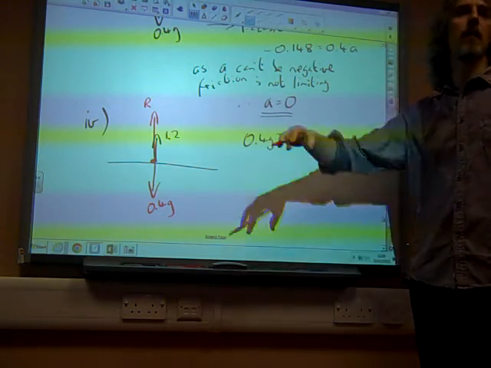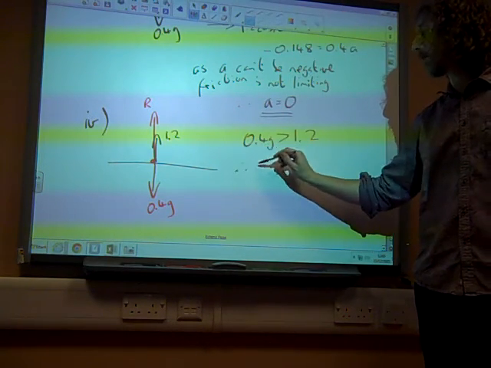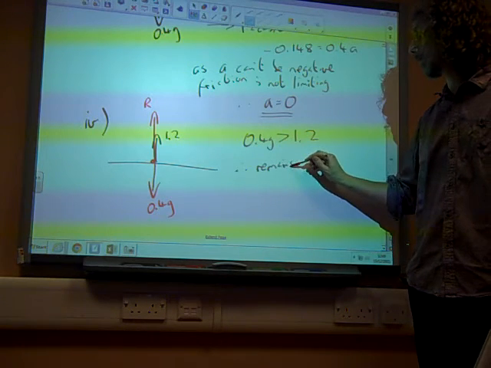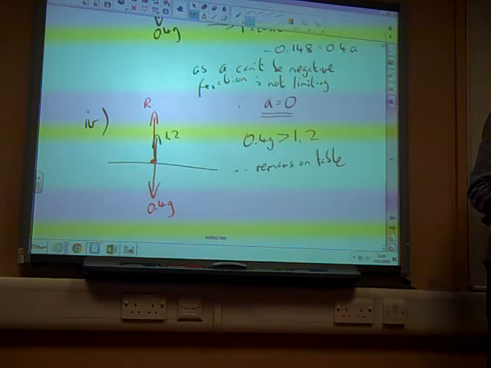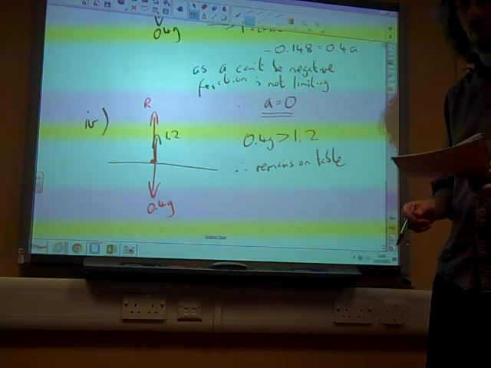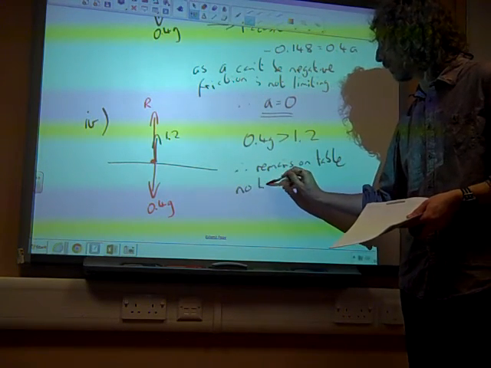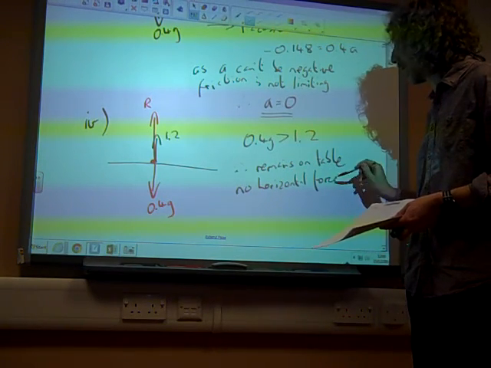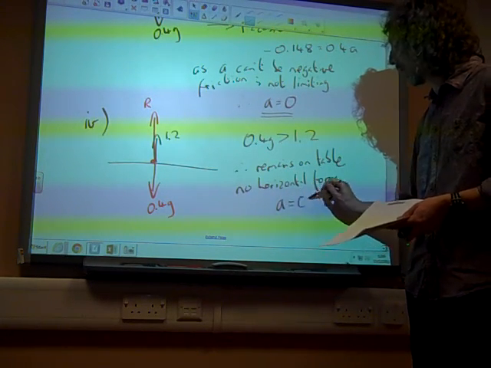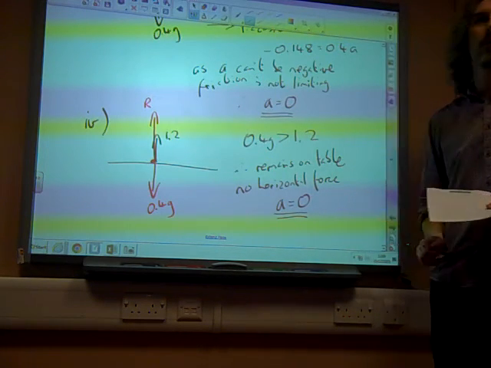The weight is greater than the force trying to lift it off, therefore it remains on the table. There's no horizontal force. And the question said find the value of A. We conclude A equals 0.